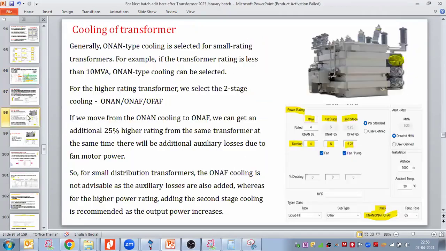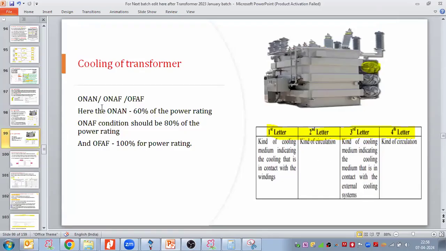Here ONAN is 60% of the power rating, ONAF should be 80% of the power rating, and OFAF is 100% of the power rating.